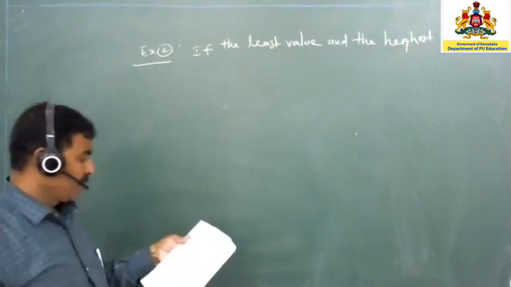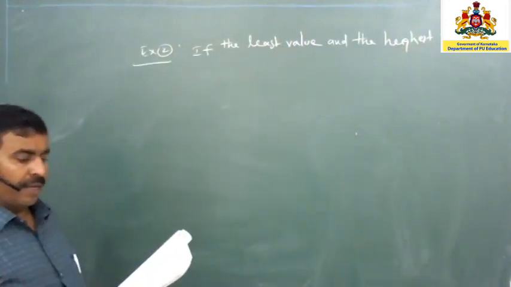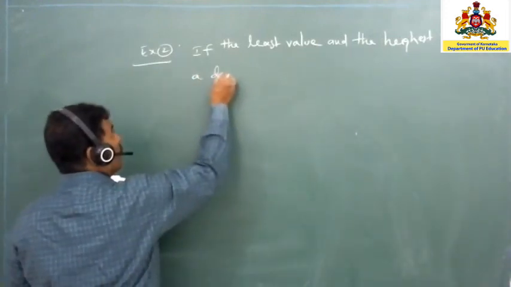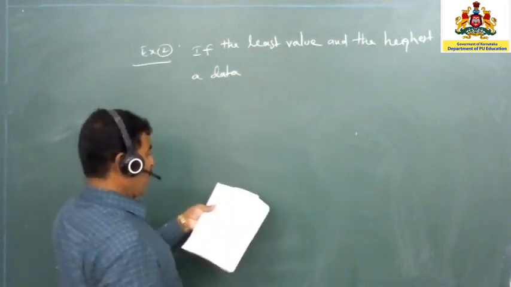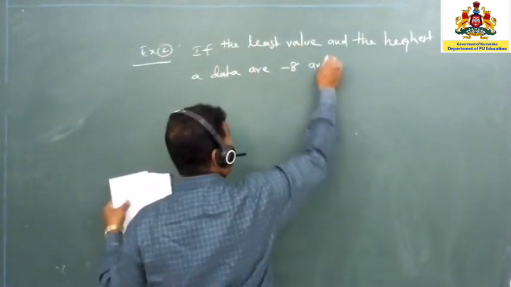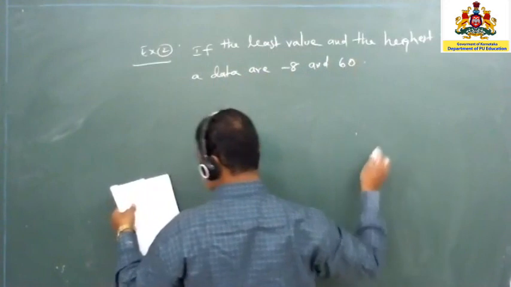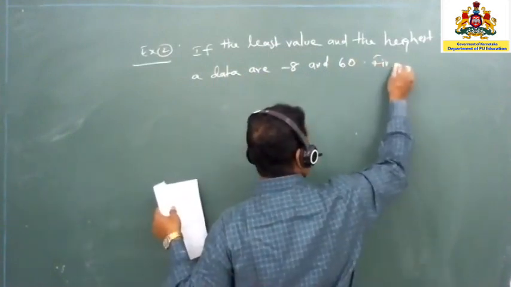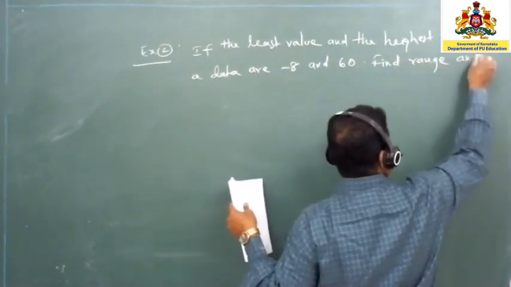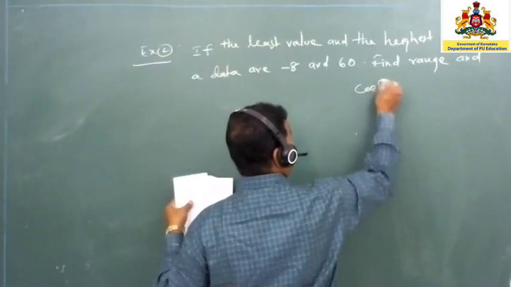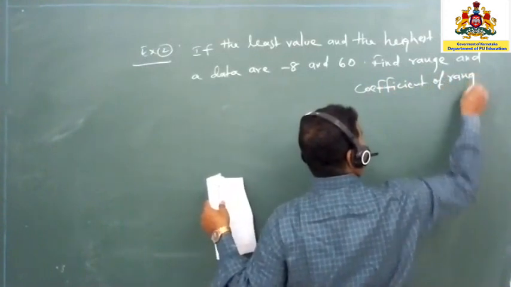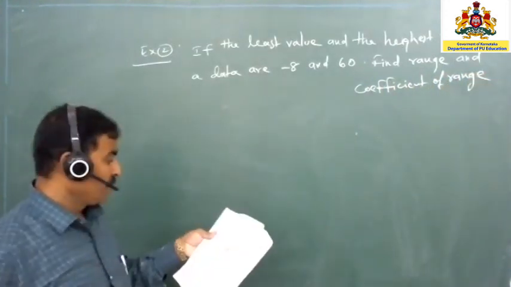If the least value and the highest value in a data are minus 8 and 60, find the range and coefficient of range.